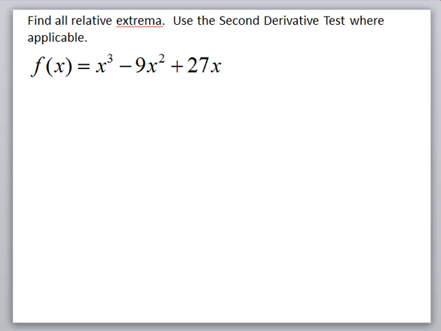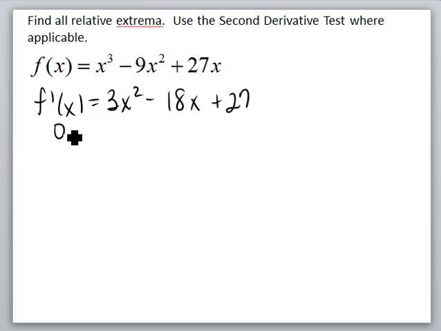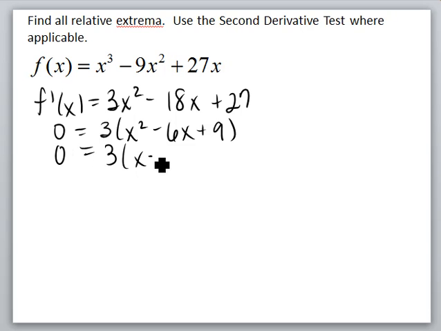The next thing we're going to look at is this problem. What I'm going to do is find the first derivative, and I will get my critical numbers. I end up finding the critical numbers when this is factored. This is x minus 3 times x minus 3.